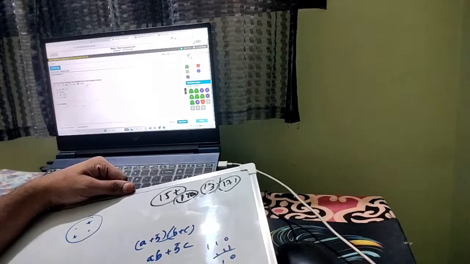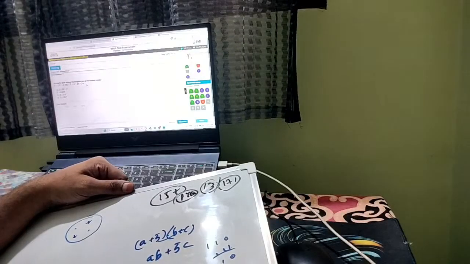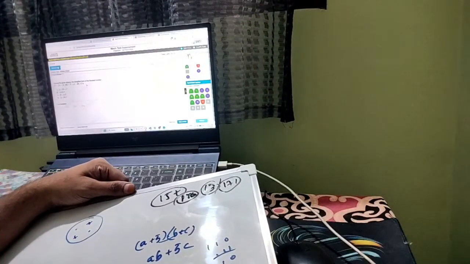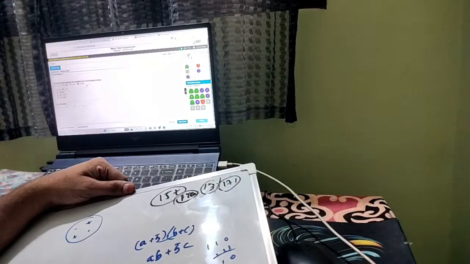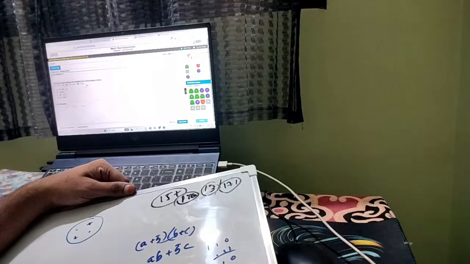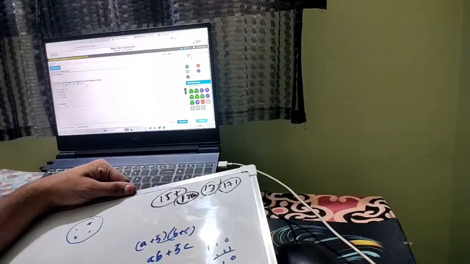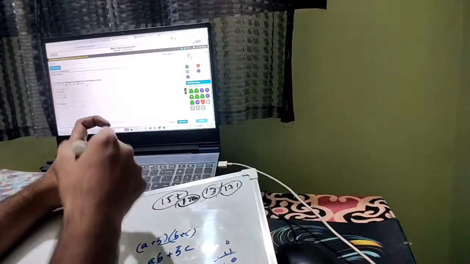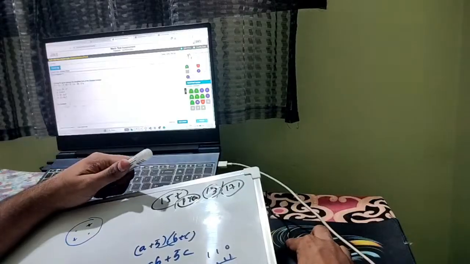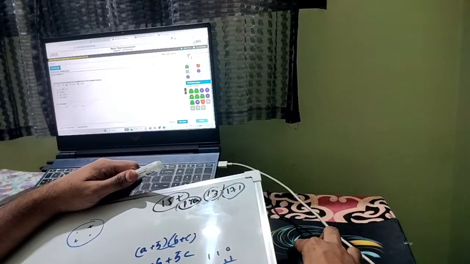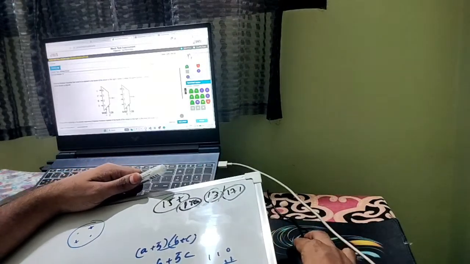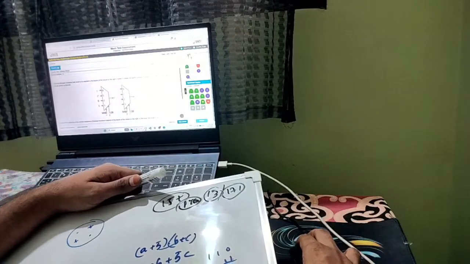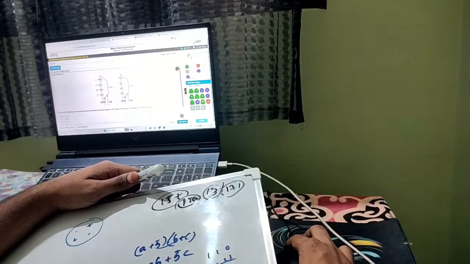A plus B plus A bar BC. If we apply this, it will become A plus B bar C plus B. So apply this, it will become A plus B plus C. Okay, I'll do this later.